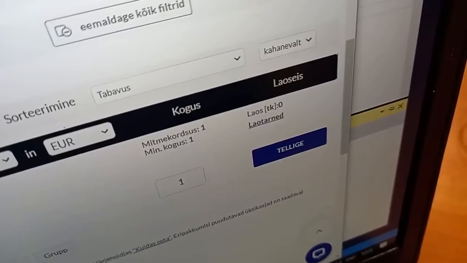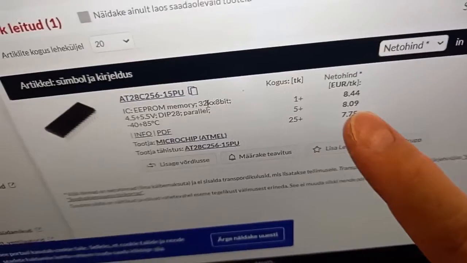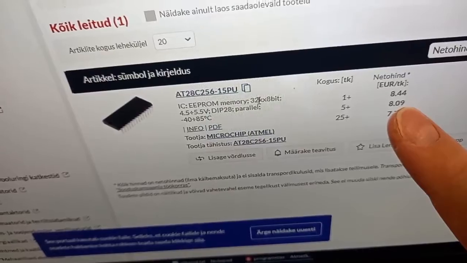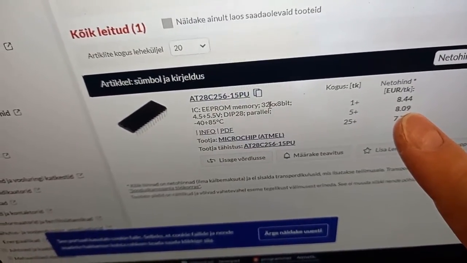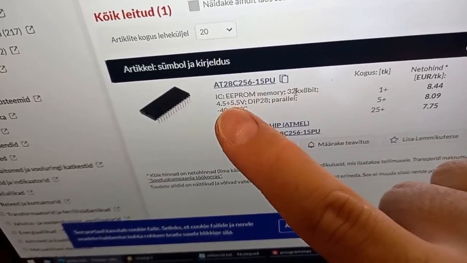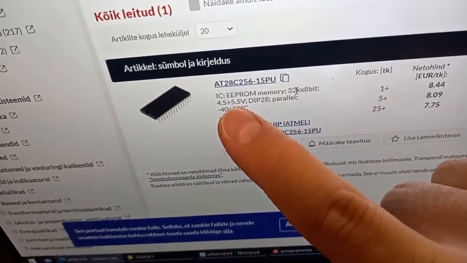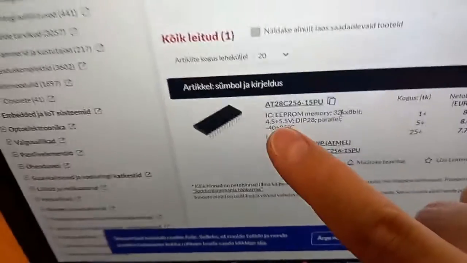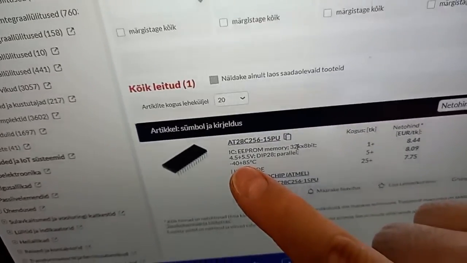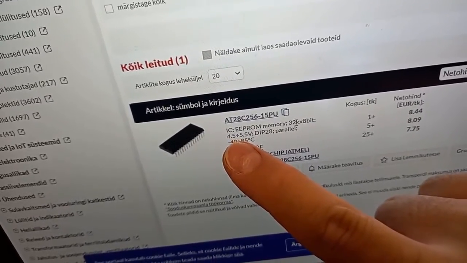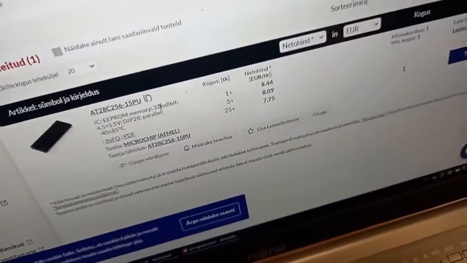And how much does it cost? €8.44. It has 28 legs. This is the voltage that it uses, but in the first video we gave it 3.7 volts, and it was quite happy with that, because we were using it for reading, not for writing. For writing we need something like 4.5 volts, not less.